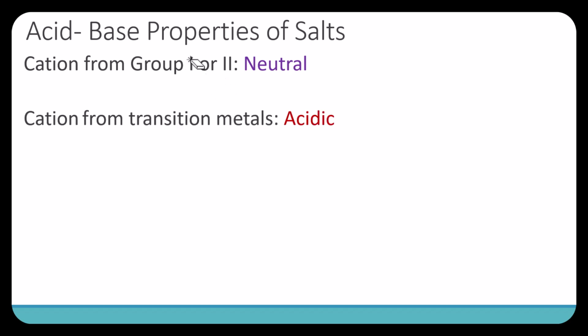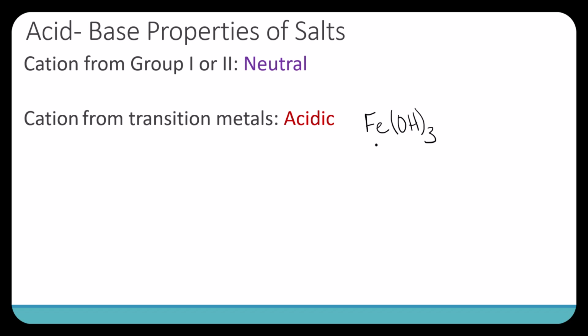Number 2, so sticking with the theme of positively charged ions. So the next 2 rules are going to be cations, positively charged ions. So a cation from a transition metal will affect the pH, and it'll affect the pH in an acidic manner. Okay. So an example of this, I might have a compound like iron hydroxide. I don't know, I'm making this up.